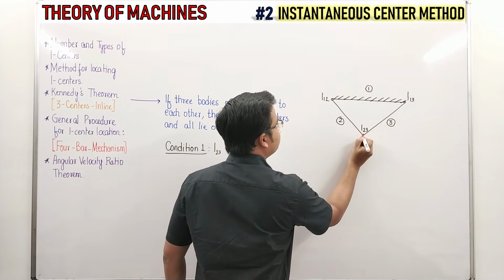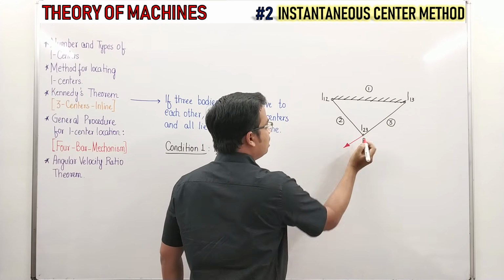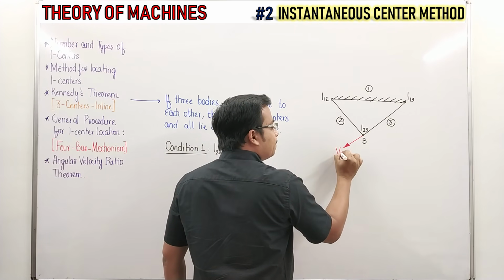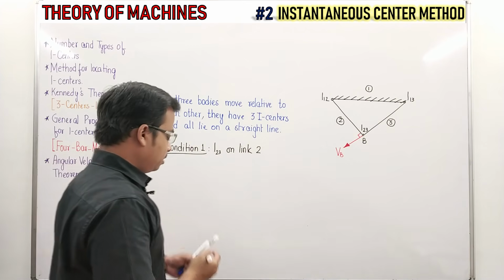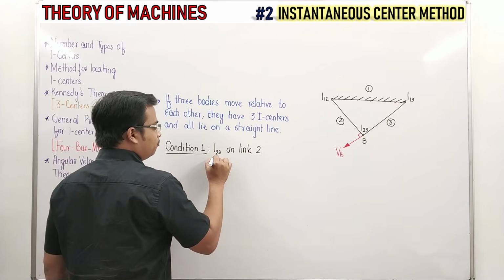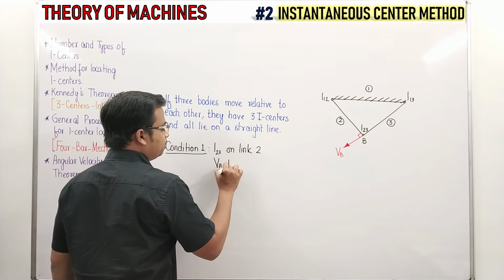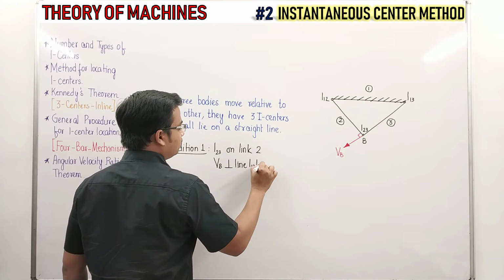Then the velocity's direction would be somewhat like this. This is the velocity at point B, isn't it? And this is going to be perpendicular, obviously. Then what you can conclude is that VB is going to be perpendicular to the line joining I12, I13, that's for sure.